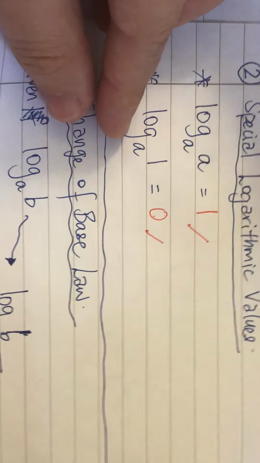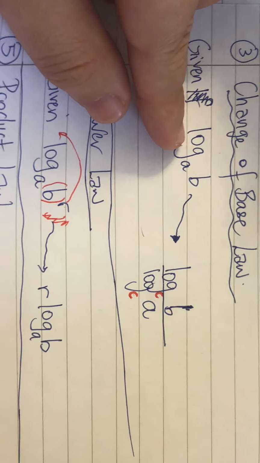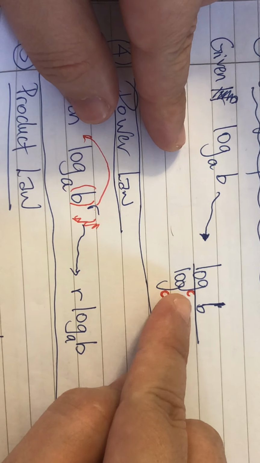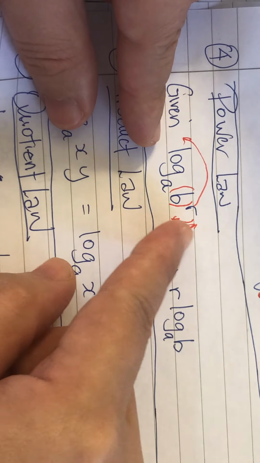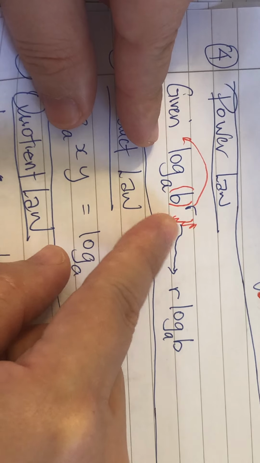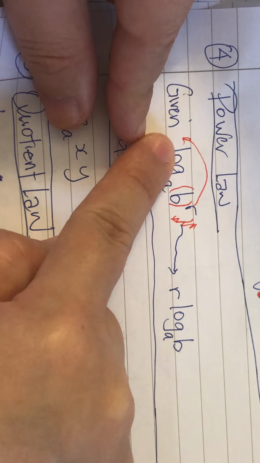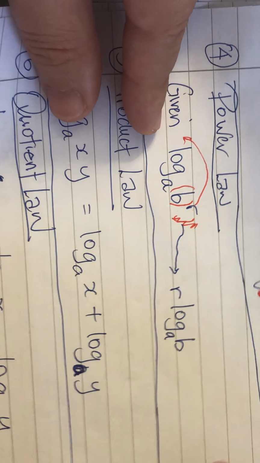Now let's quickly recap what we've done. This one is the change of base, where you can change to any base you want, and in this case I change to base c. This is the power law, where I can bring the power of the whole argument down to the front of the log.